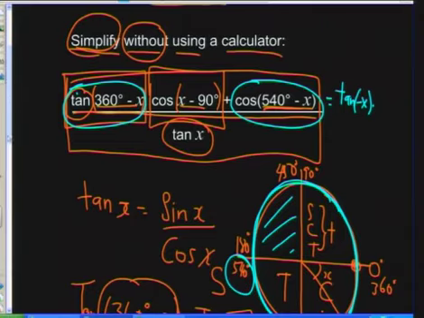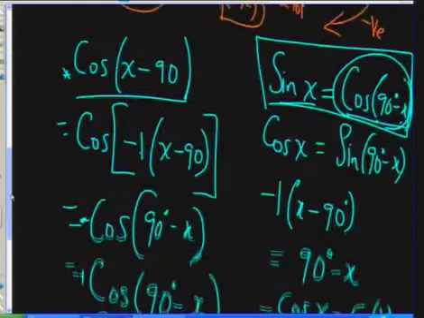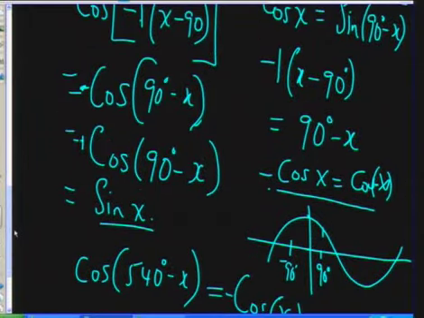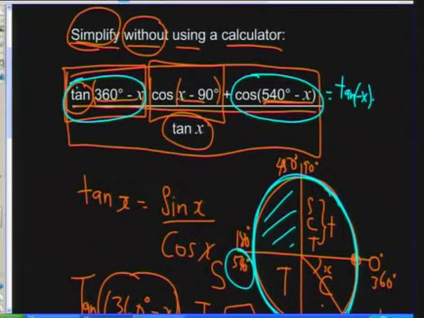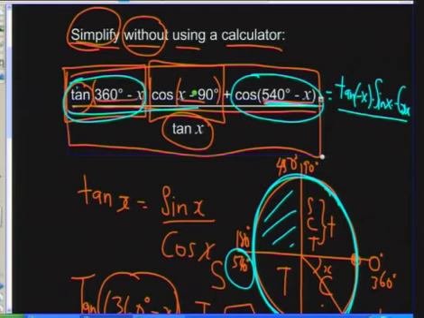We found that the answer would be sine x. Remember? Sine x. And then cos of 540 minus x would be negative cos x. Everything is all over tan x. Tan x is our denominator, our universal denominator.